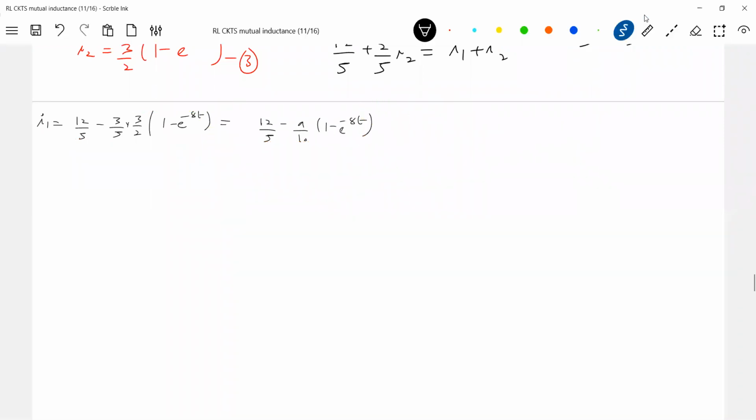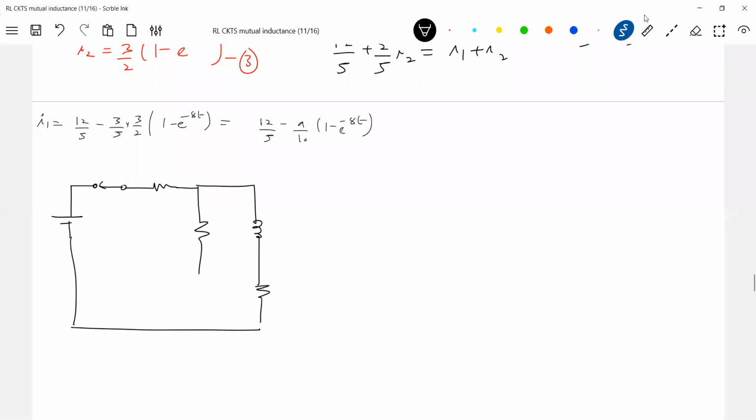Okay, now let's come to this. At T equal to infinity, how will the circuit appear? R2, R1, this is R3, and this is the switch. This is B, this is C. And the currents are constant, so let me use capital letters to show that.